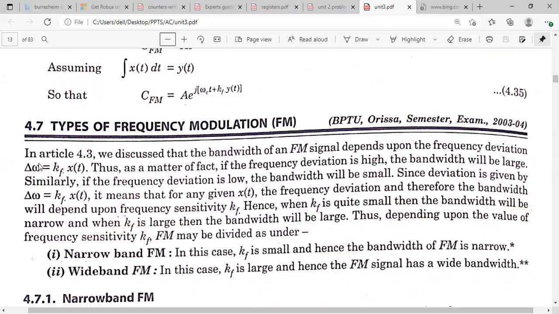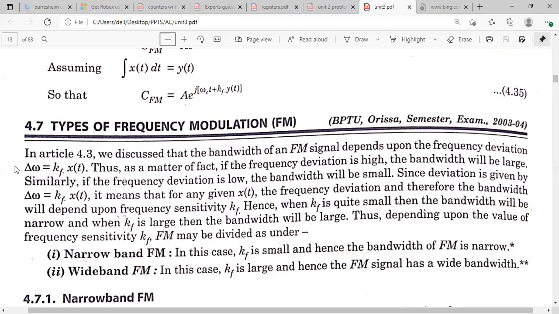Depending on this frequency deviation, the bandwidth of the FM will be varied. And the frequency deviation depends on the frequency sensitivity factor, that is KF. So the deviation depends on the frequency sensitivity and the bandwidth depends on the frequency deviation.